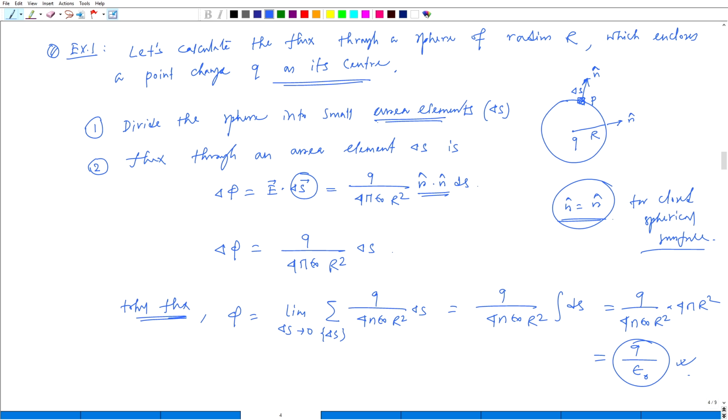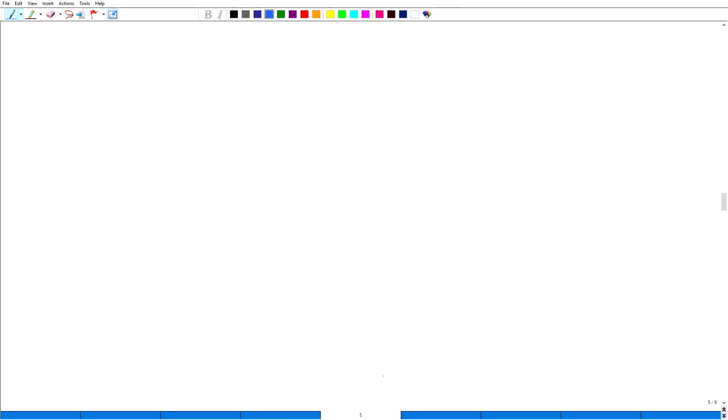That is a strong statement, and that is the Gauss law. This is a simple illustration of a general result.